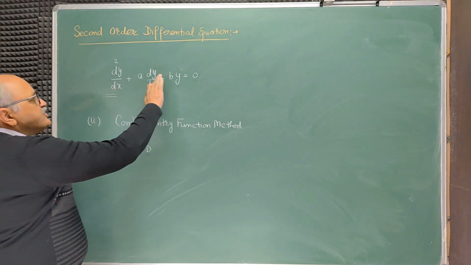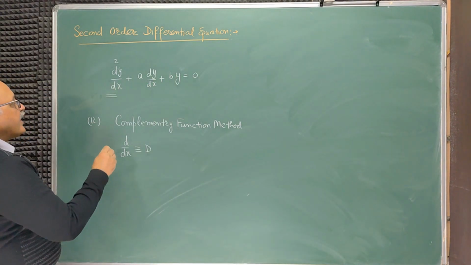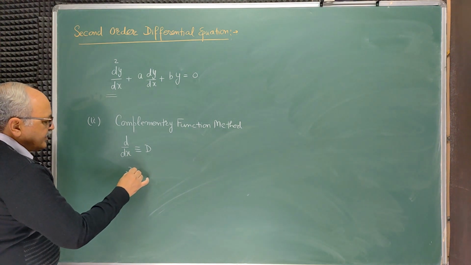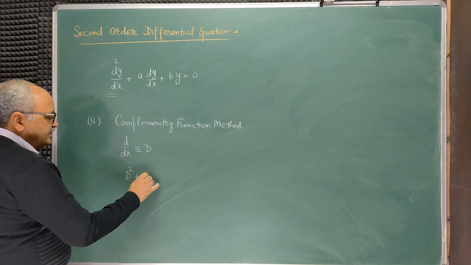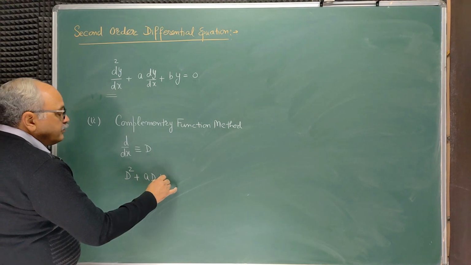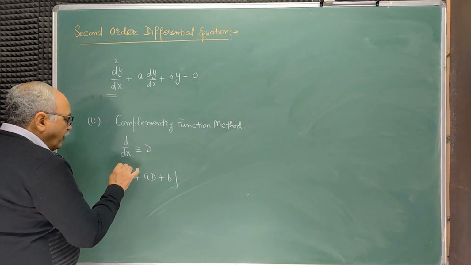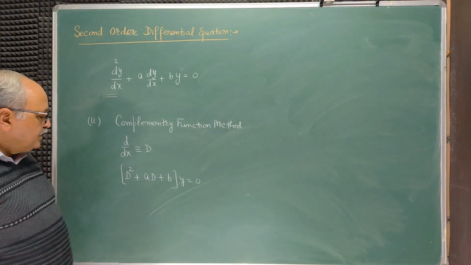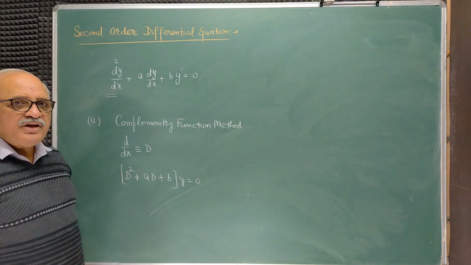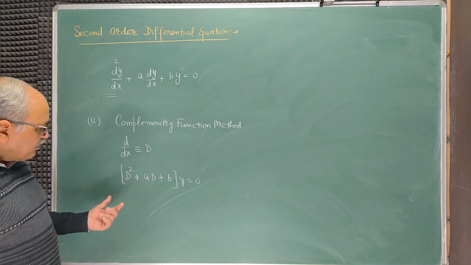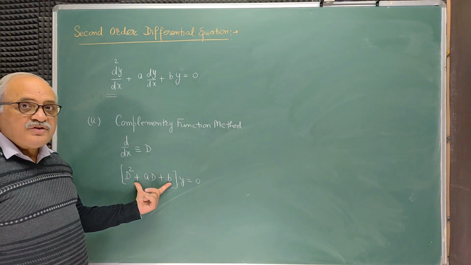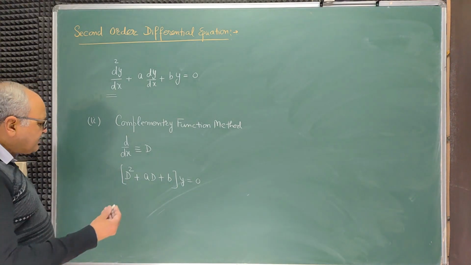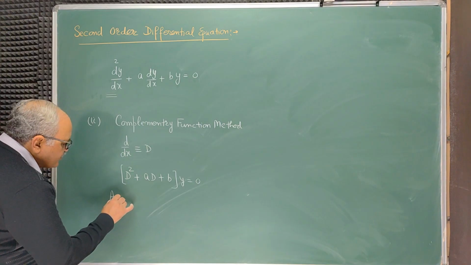So if this equation is given to you, you can write the operator equation in this way: D square plus aD plus b operating on y equals 0. Once you have this type of equation, we can solve this quadratic equation, which is the operator equation. For this, sometimes we go for the auxiliary equation.